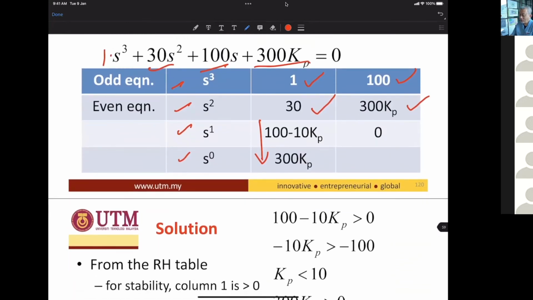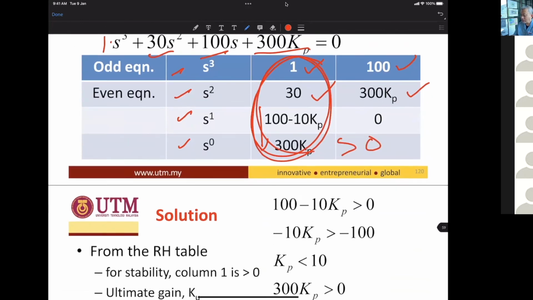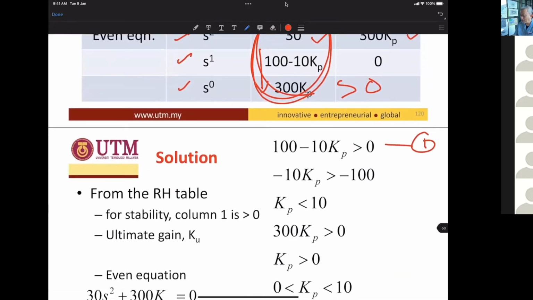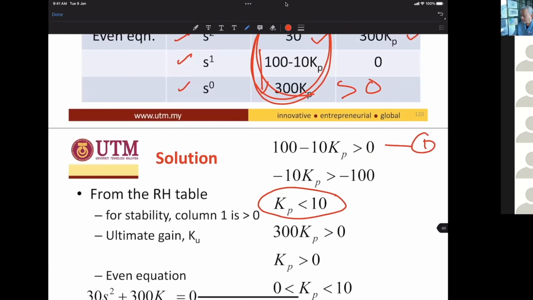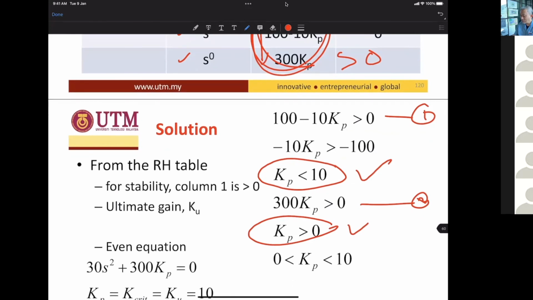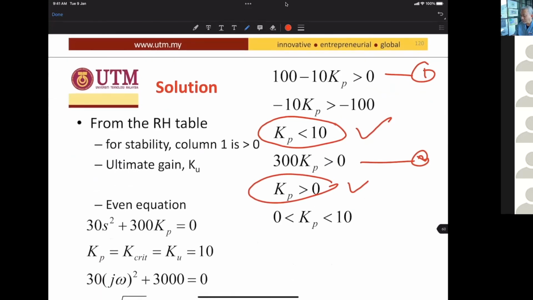In the theory, the first column must be greater than 0. So (30 times 10 minus 100 minus 10 Kp) greater than 0. Simplify, and you will get Kp less than 10. Second, 300 Kp greater than 0, so Kp is greater than 0. When you consolidate 1 and 2 together, the range of stability is 0 to 10.